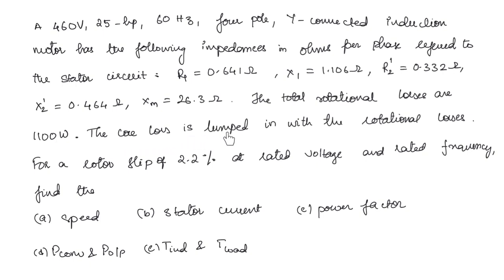The core loss is lumped in with the rotational losses. For a rotor slip of 2.2% at rated voltage and rated frequency, find speed, stator current, power factor, P converted and P output, T induced and T load. So we will see how to do this. First we will write down whatever information is given.